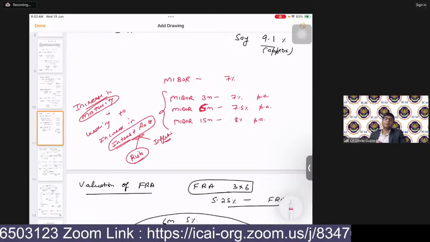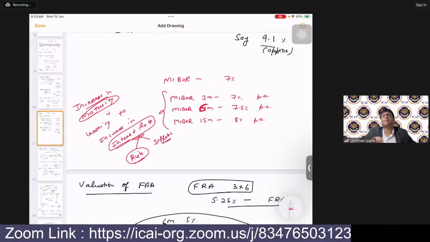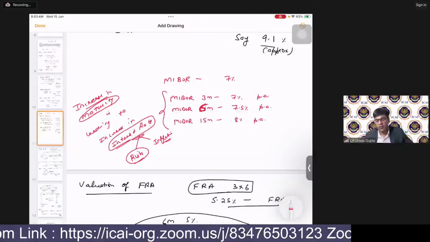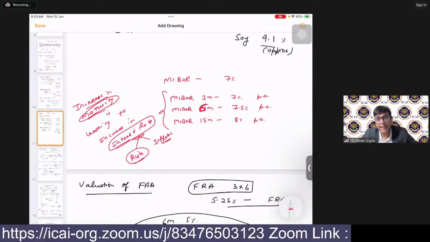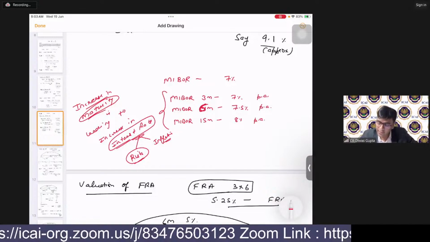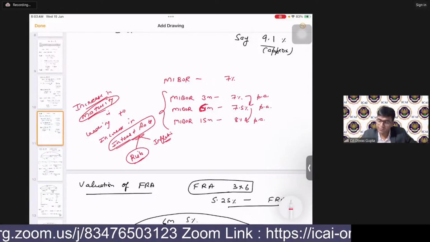The reason is higher maturity period will lead to higher risk. And hence, to cover that higher risk, the higher interest rates come into the picture.